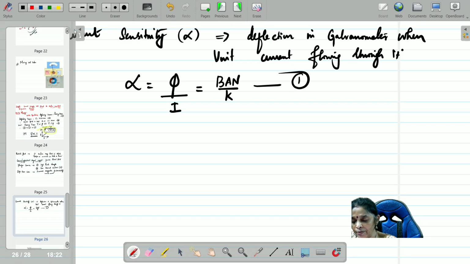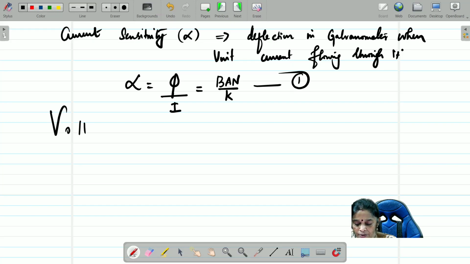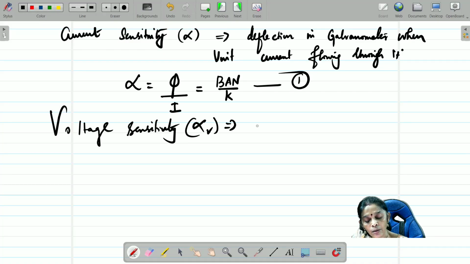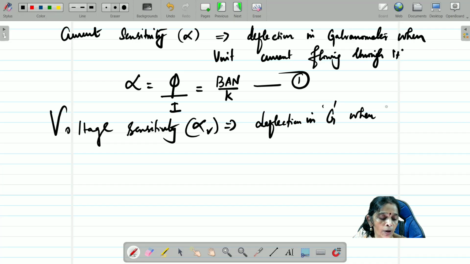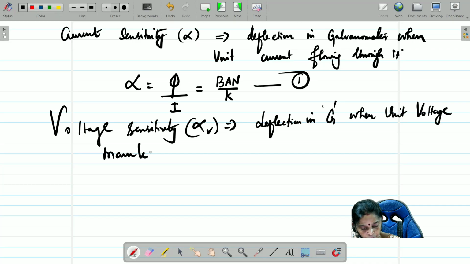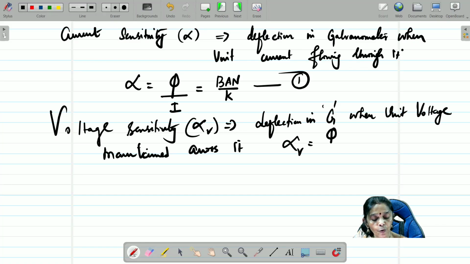Next, voltage sensitivity. Voltage sensitivity is nothing but the deflection in the galvanometer when unit voltage, unit potential difference, is maintained across it. So I can write alpha V = phi by V. According to Ohm's law, V = IR.